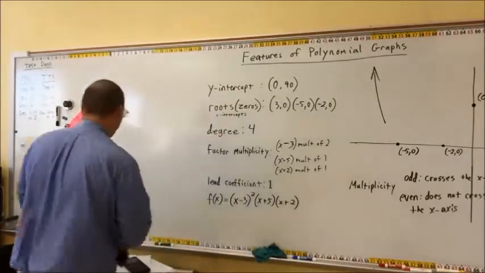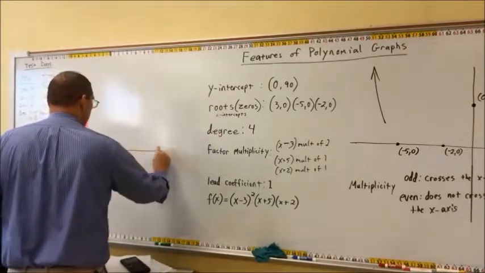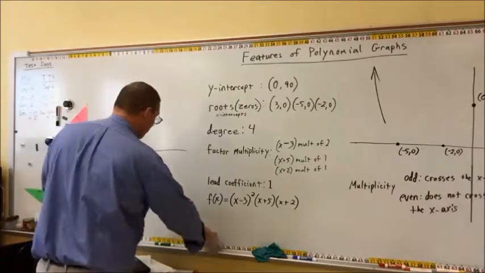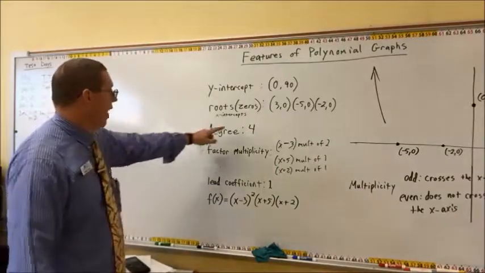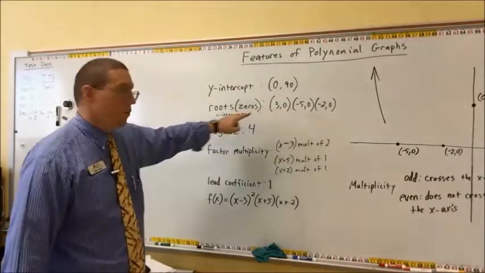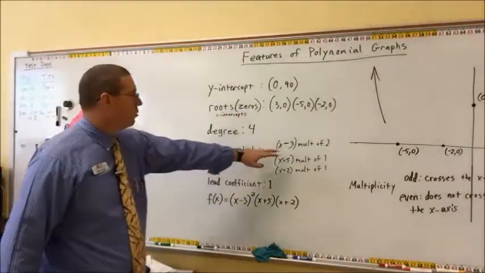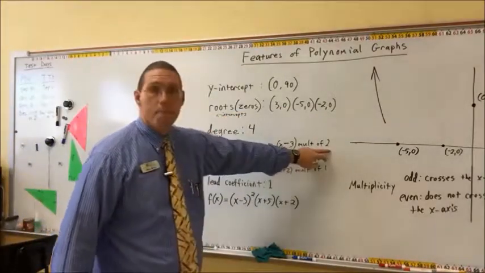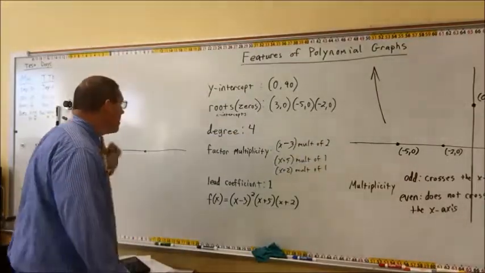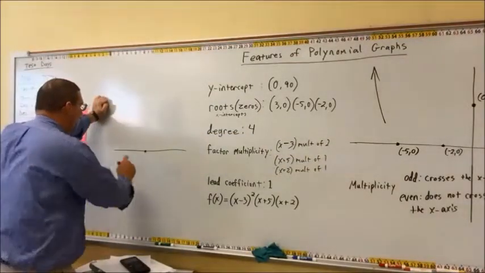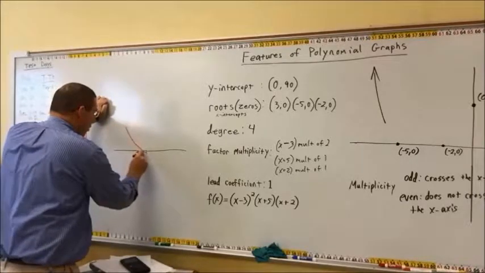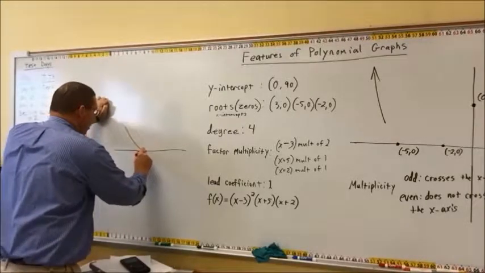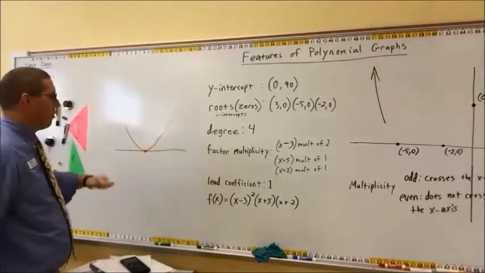if there's a particular point where the factor for that root has an even multiplicity, like x minus 3, then the curve is not going to cross over. What it's actually going to do is approach the point and just touch the point and then turn around and go the other way.